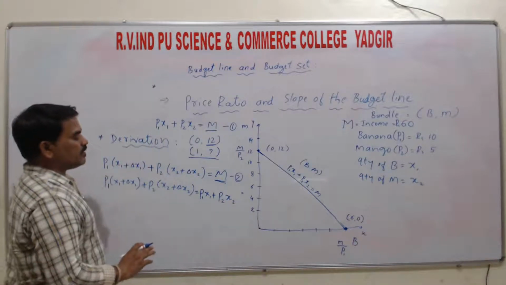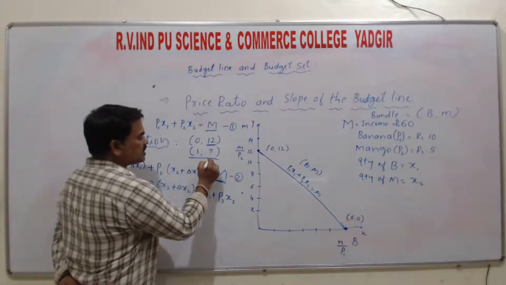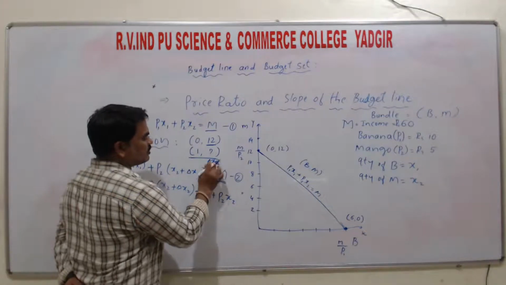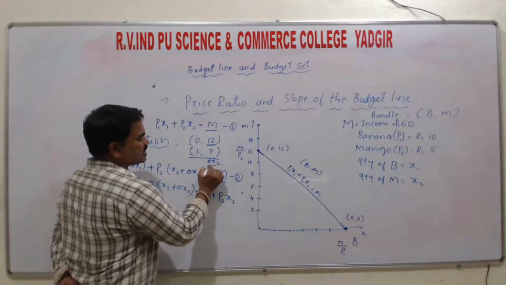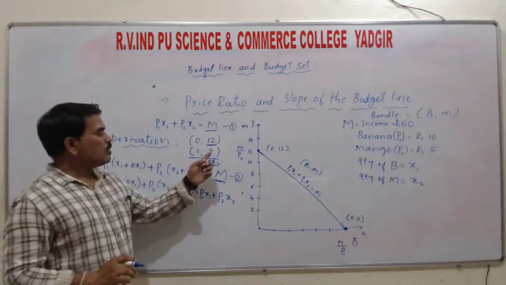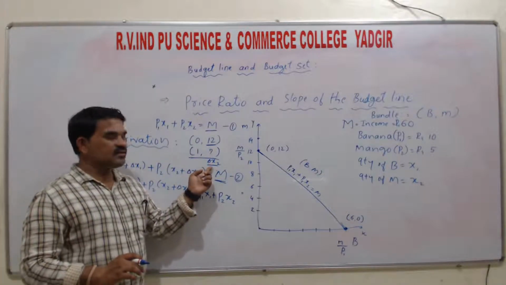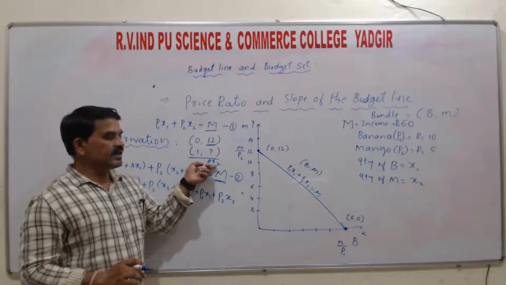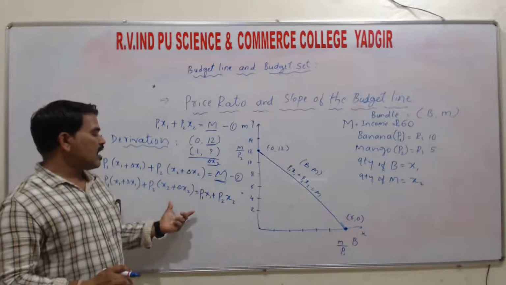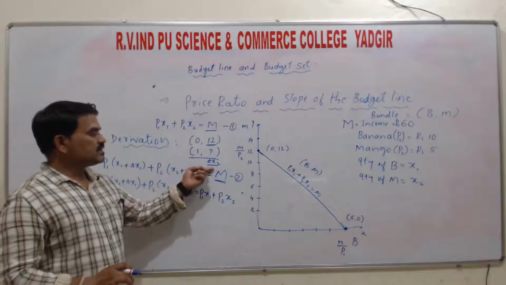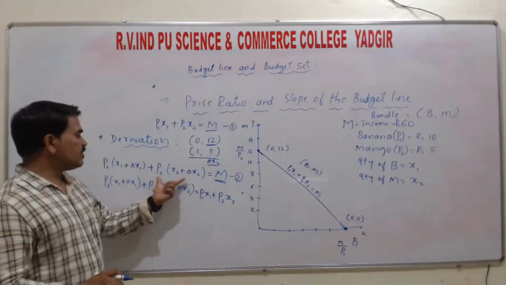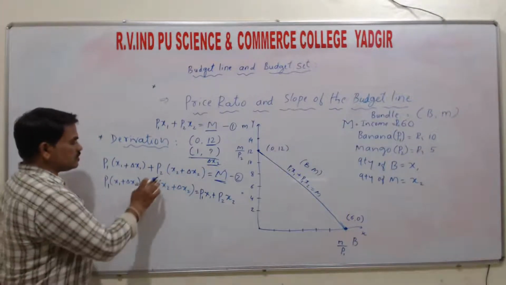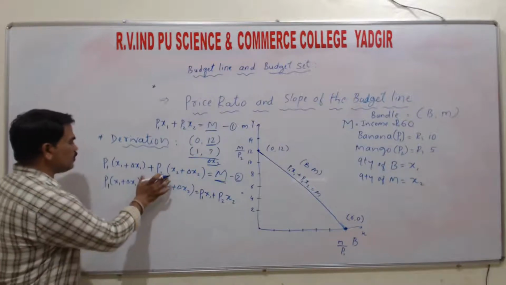Now what we need here is the change in the quantity of mango, that is delta x2. How much is he reducing, what is the change in the quantity of mango he has to make. We actually need this one, delta x2, correct?